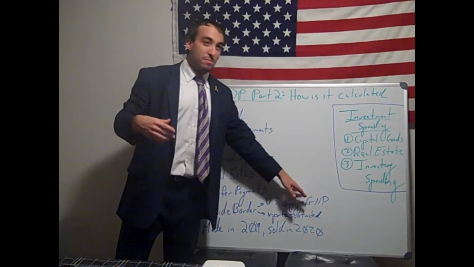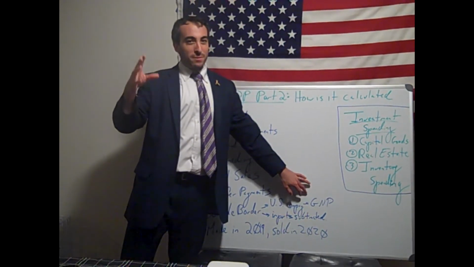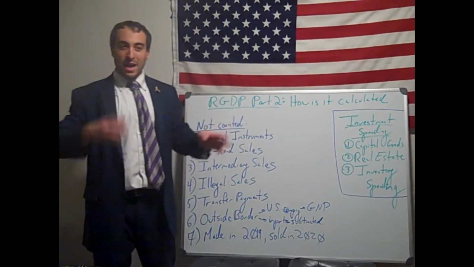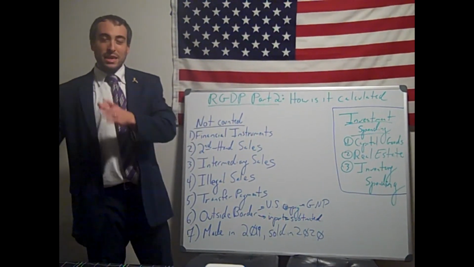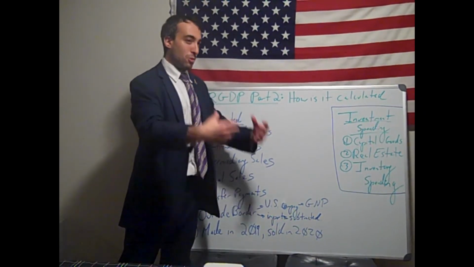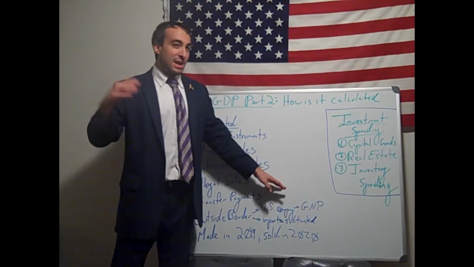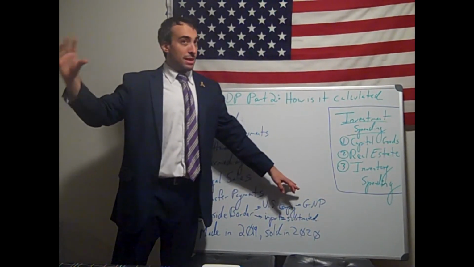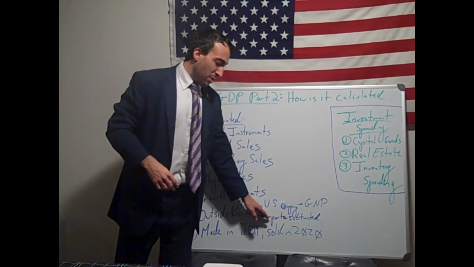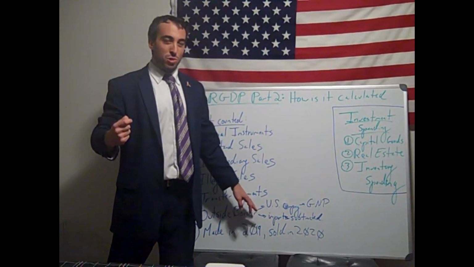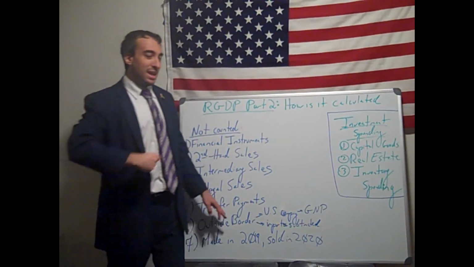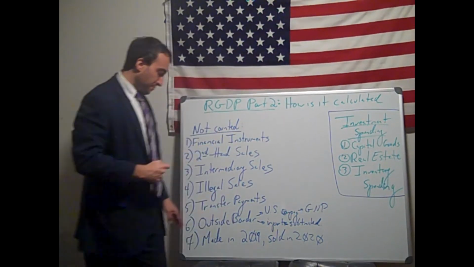However, important number, it's not one of the top 3 indicators for the health of the economy, because that Apple factory in China is not using American resources or paying American workers. So the products made there are not counted. As we said before, imports are not only not counted, but they are subtracted because that is American money leaving our circular flow model.